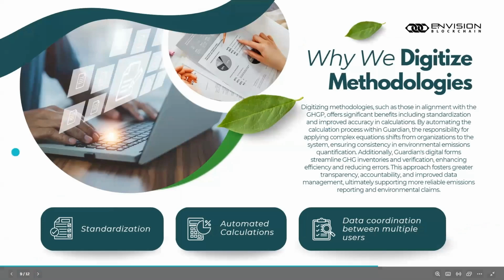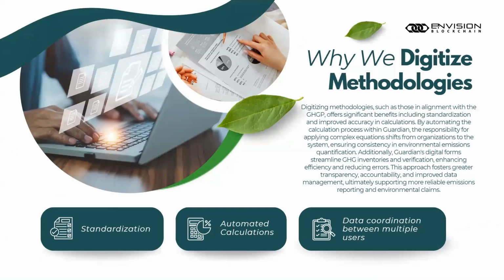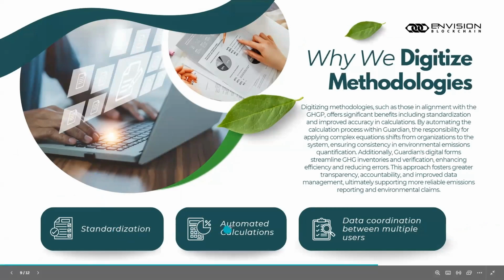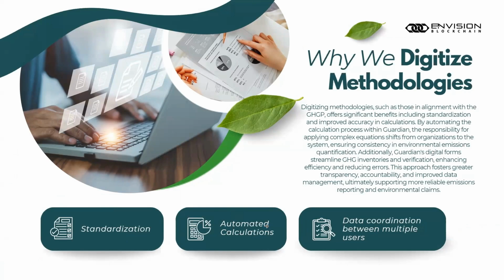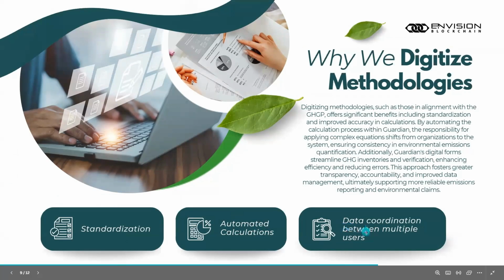So why digitize methodologies? I think we got a little bit into that already, but it improves standardization. You can automate calculations so that users could just focus on the inputs and they don't need to be bothered with the calculations that a computer can do for them. Also DLT and data coordination between multiple users.